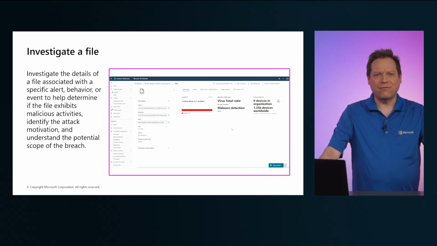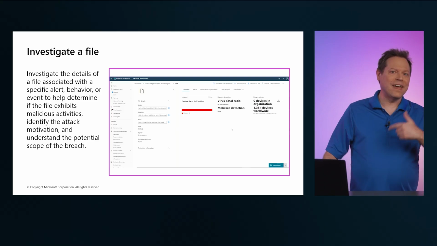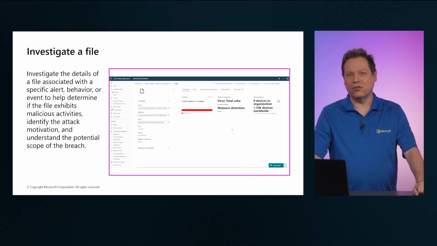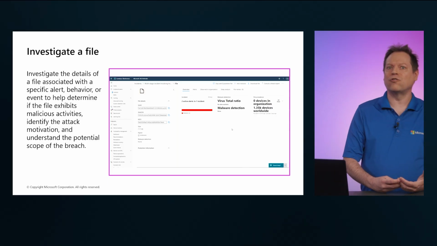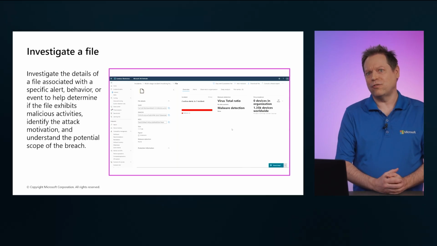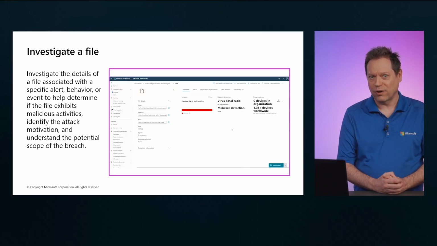Let's take a look at file investigation. When a file is associated with an alert, suspicious behavior, or notable event, you can investigate its details to determine whether it exhibits malicious activity, identify the attacker's motivation, and understand the potential scope of the breach.